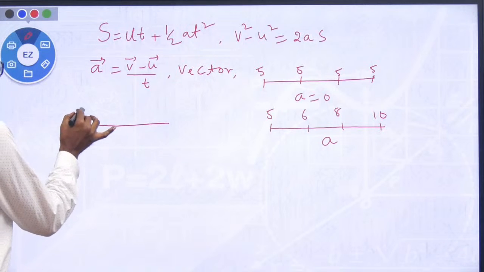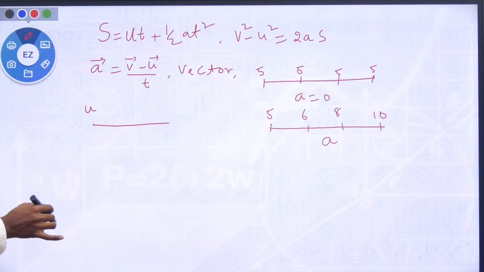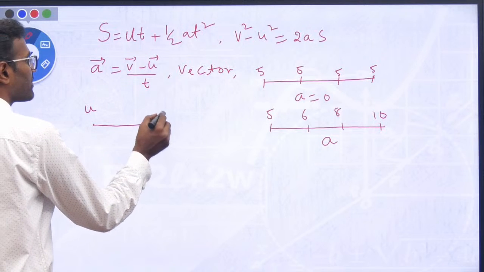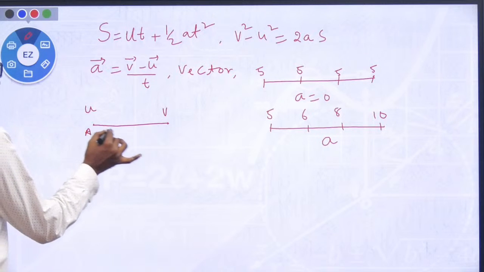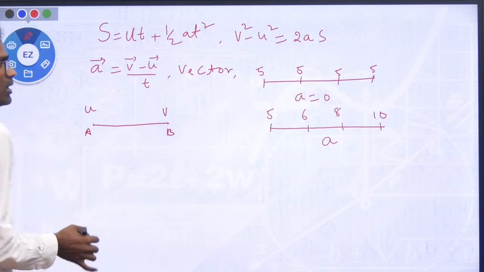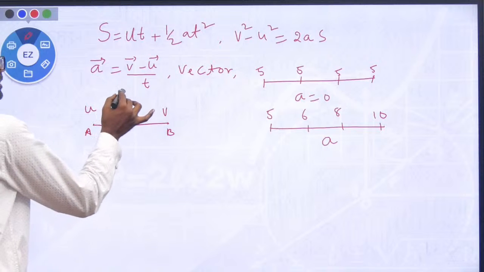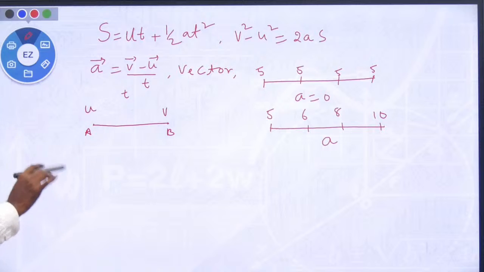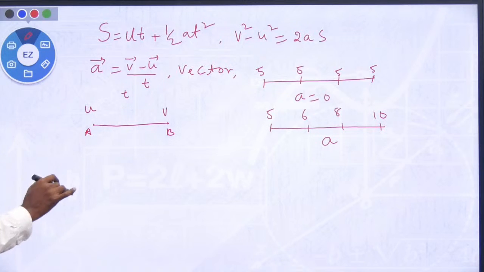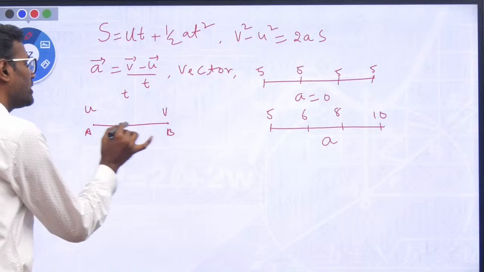Now the starting speed is u, the final speed is v. To go from A to B, the time taken by the particle will be t seconds. Initial velocity is u, final velocity is v.